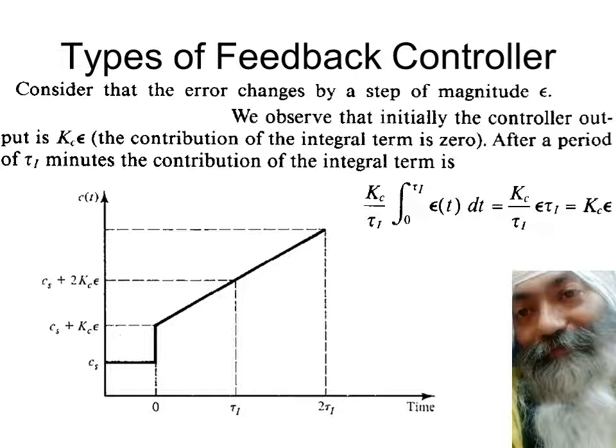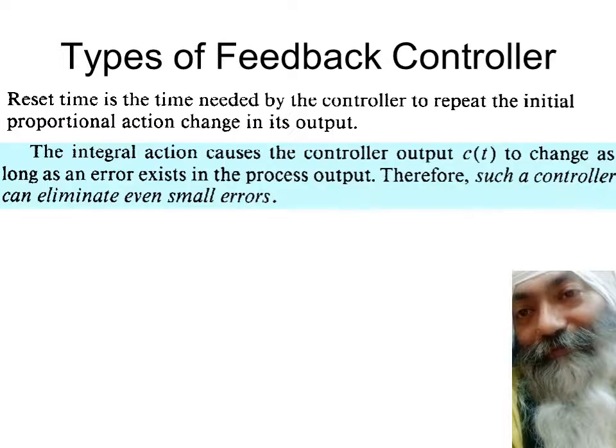This aspect, which is the beauty of the integral controller, is the reason we express tau I in terms of minutes per repeat, how much time it takes to repeat itself. Such a controller can eliminate even small errors. The smallest error can be eliminated, because it's going to continue and continue to ultimately bring it back to zero.